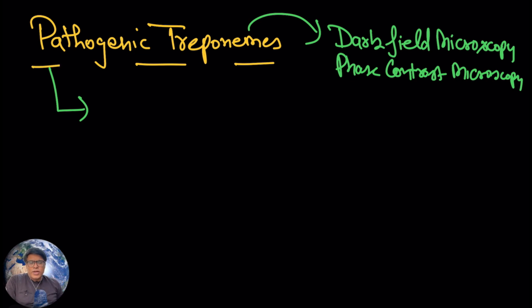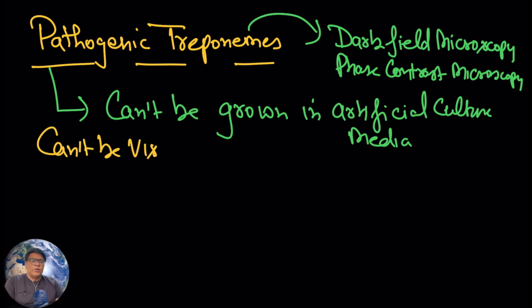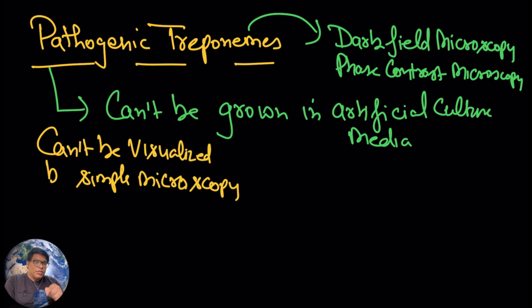Another important point here, keep in mind this bacteria can't be grown in artificial culture media. You must be knowing you can grow bacteria in artificial culture media, but this bacteria can't be grown in artificial culture media, and I have told you this bacteria can't be visualized by simple microscopy.